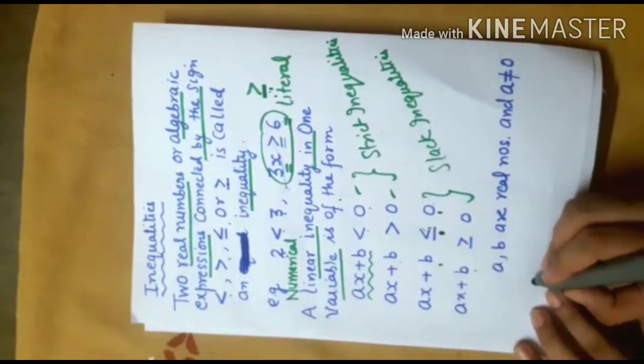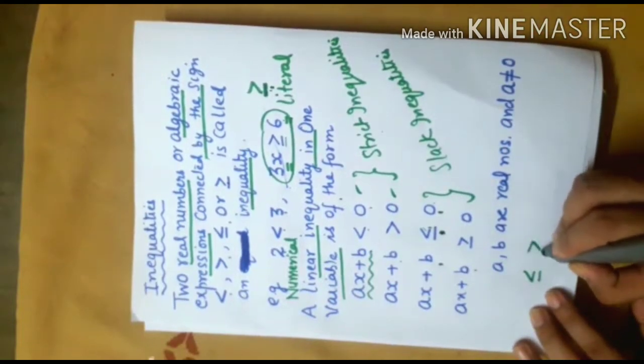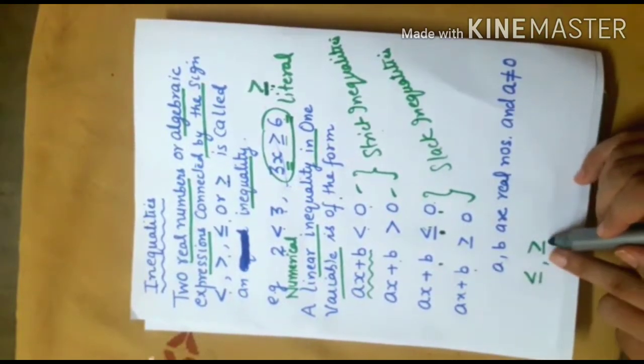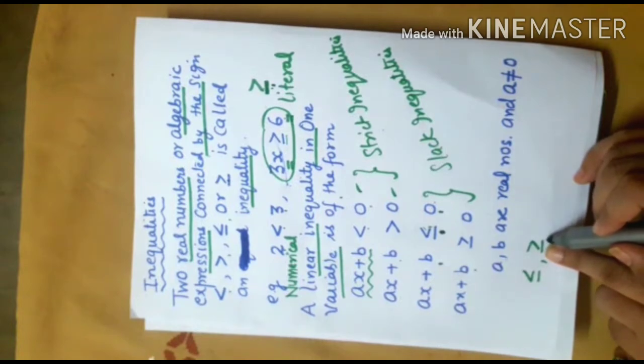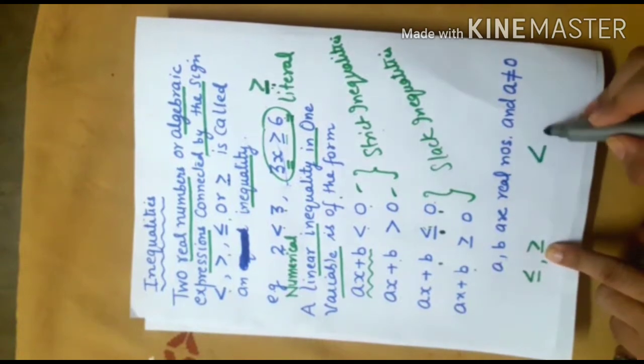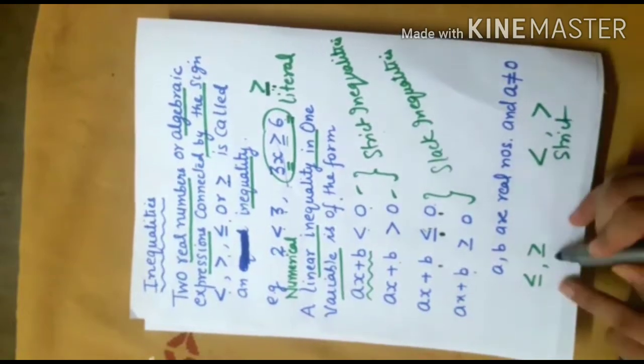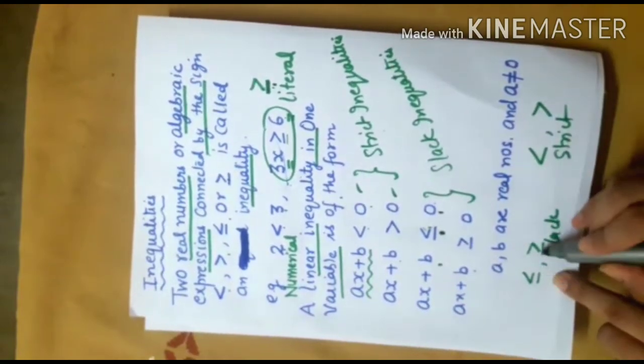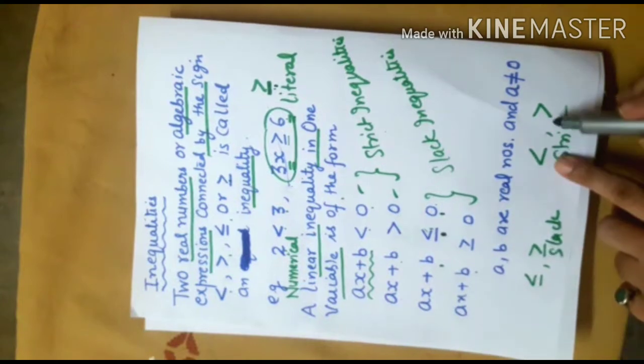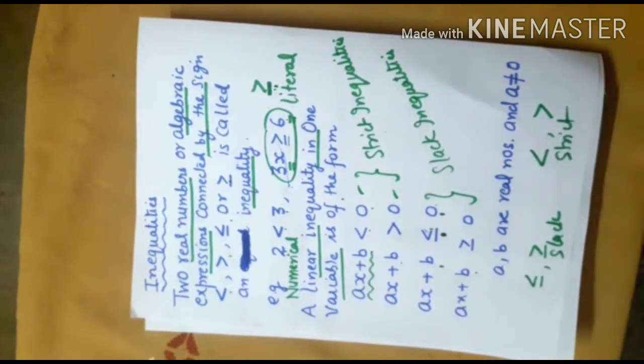So this and this give the slack inequalities, and this gives the strict inequality. This is used for slack and this is used for strict inequality.